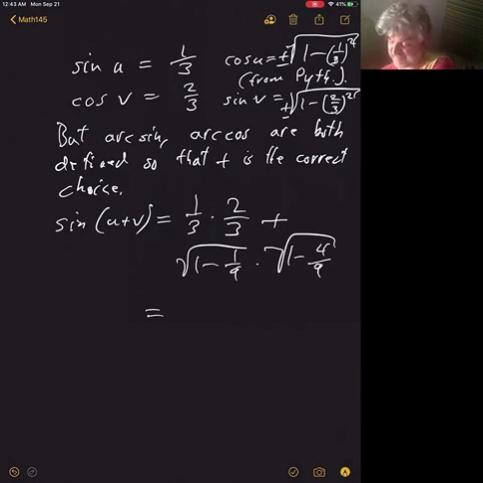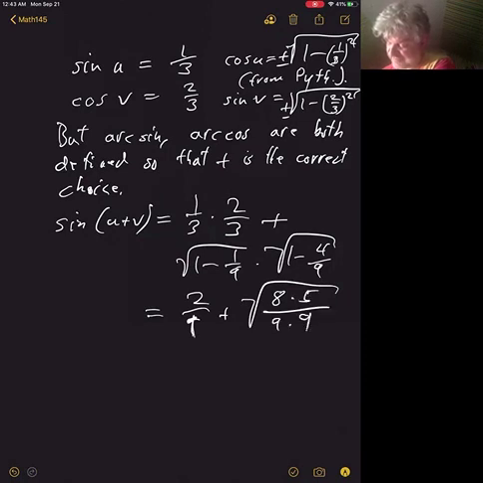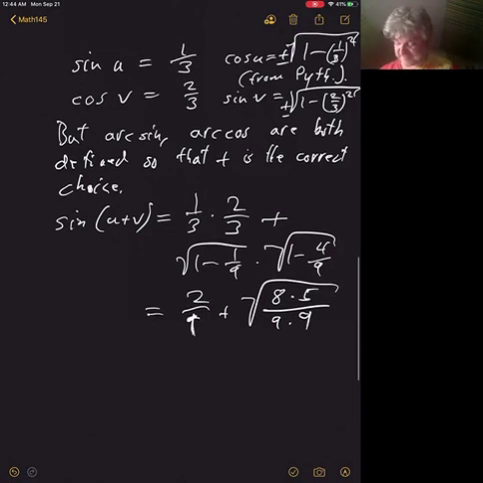I'm going to simplify this a bit. This is 2 over 9 plus square root of 8 over 9 times 5 over 9. And you can pull out the 9 and you get 2 plus square root 40 divided by 9, the whole quantity. So that's a little bit like a magic trick.